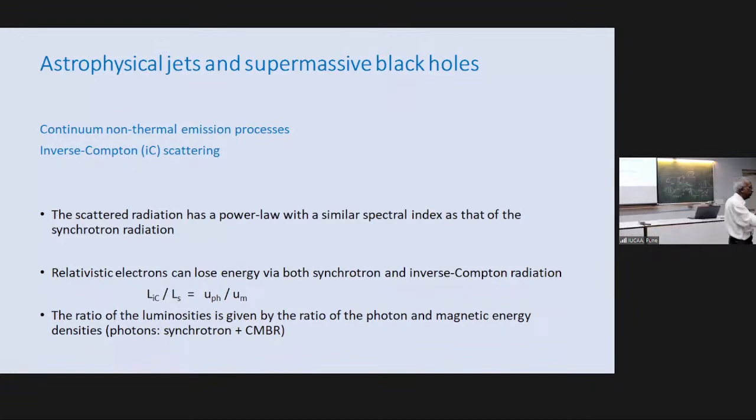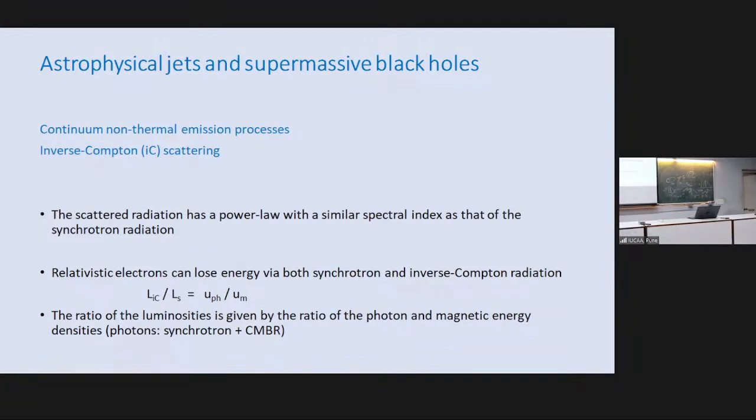Inverse Compton is where the photons are taking energy off the electrons. So if the photon energy density is larger than the magnetic energy density, then inverse Compton comes into play. But if the magnetic energy density is much larger, then synchrotron radiation dominates over inverse Compton. In practice, both processes can keep occurring simultaneously, but which dominates depends upon the ratio of the photon density to the magnetic energy density.